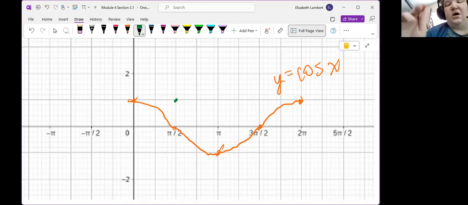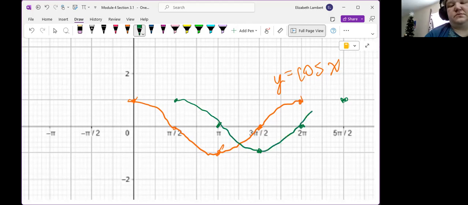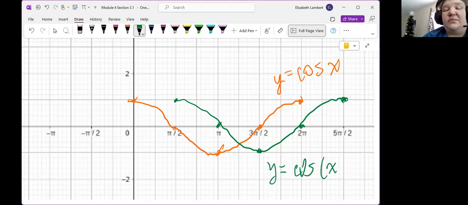And then, but I haven't squashed it. This is just pick the whole thing up and move it. So each one of these points is going to get shifted over. All right, so this guy is the cosine of x minus pi over 2.